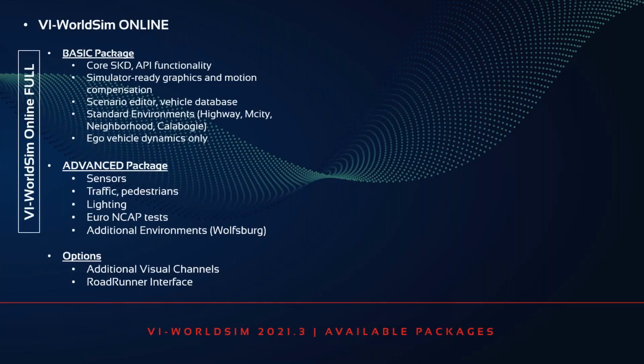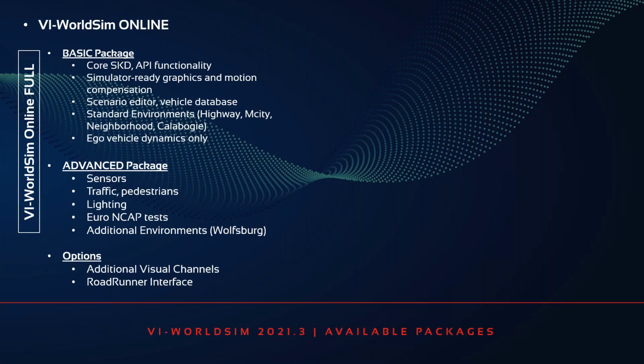As part of the continued investment in WorldSim, we have an updated licensing structure too. So for online simulator, there are two packages. There's a basic package that has all the core SDK, the API functionality in it, all the integration required to make WorldSim interface and run on the simulator and connect to VI-DriveSim is included. The scenario editor, the vehicle database, most of the standard environments are all there.